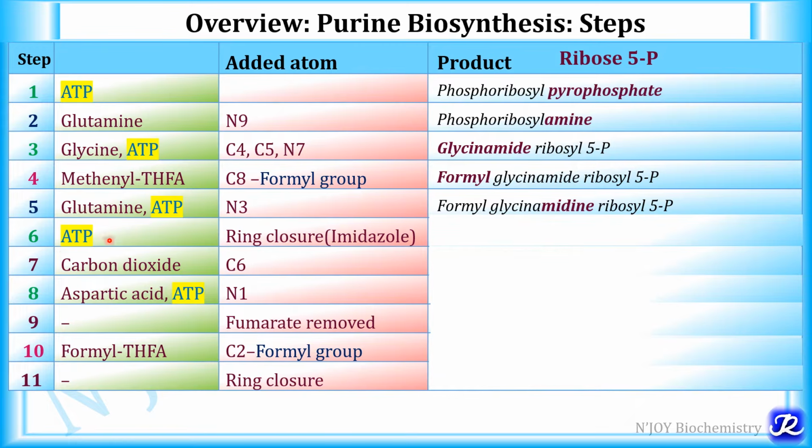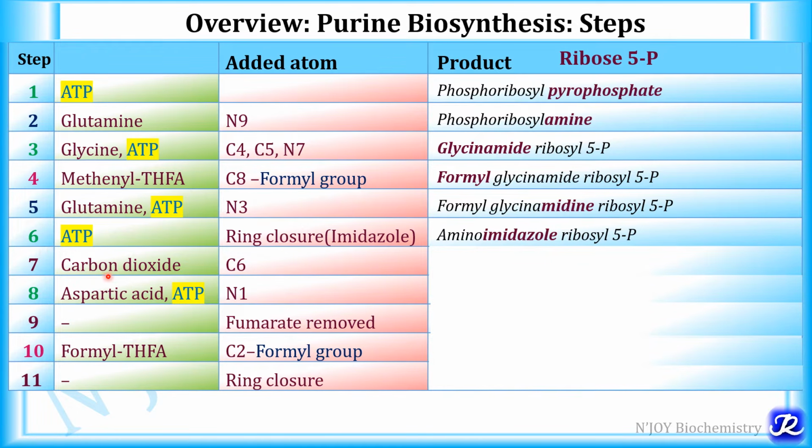In the sixth step, ATP is required. There is closure of the ring and formation of the imidazole ring, and that's why the product is amino-imidazole ribosyl 5-phosphate, because the imidazole ring is formed with the help of ATP and there is ring closure. The first ring is formed, so it is the amino-imidazole ribosyl 5-phosphate.